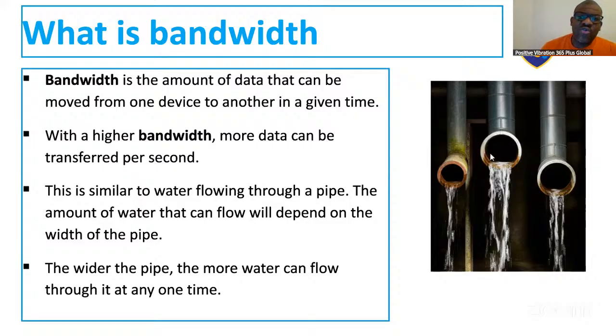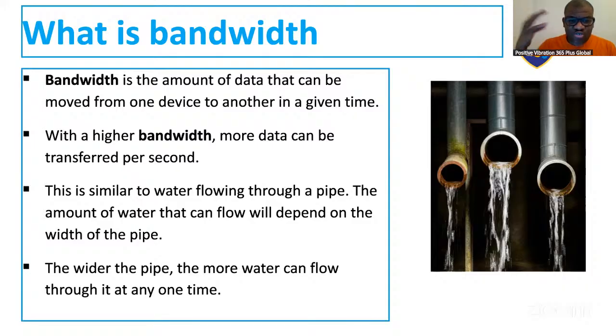Just as more water can pass through this because of the size into the bucket in a given time, and ultimately the bucket is filled much faster, that is the exact same analogy that we apply to bandwidth. With higher bandwidth, more data can be transferred per second, so you can download more things per second.